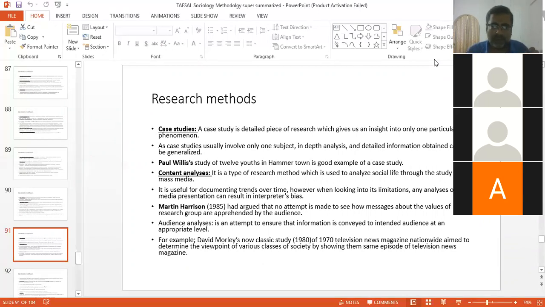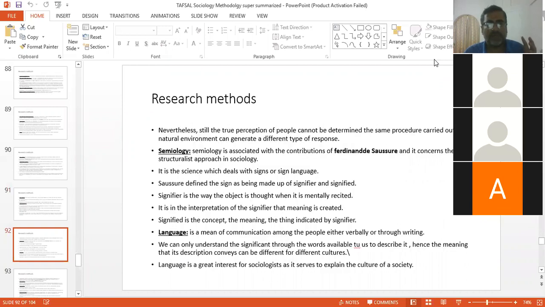So that brings us to the concept of audience analysis. When you're talking about the media, when you're talking about content analysis, you also have to take the audience into account. It is an attempt to ensure that information is conveyed to the intended audience at the appropriate level.